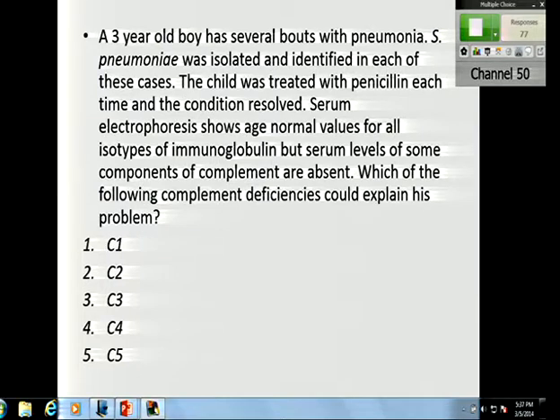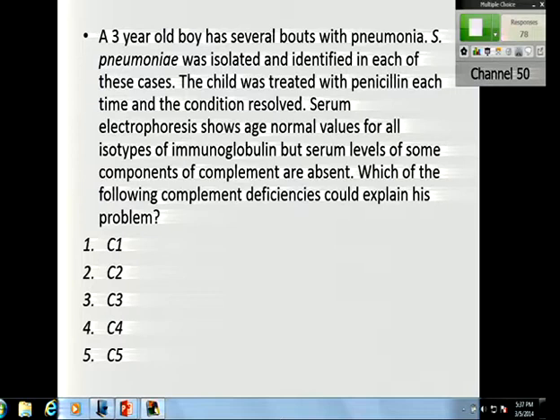Which one of the complement components do you think would have a major impact on all three pathways? Good, C3. Because if you look at the classical pathway, it starts with 1, 4, 2 and 3. Alternate starts with 3.